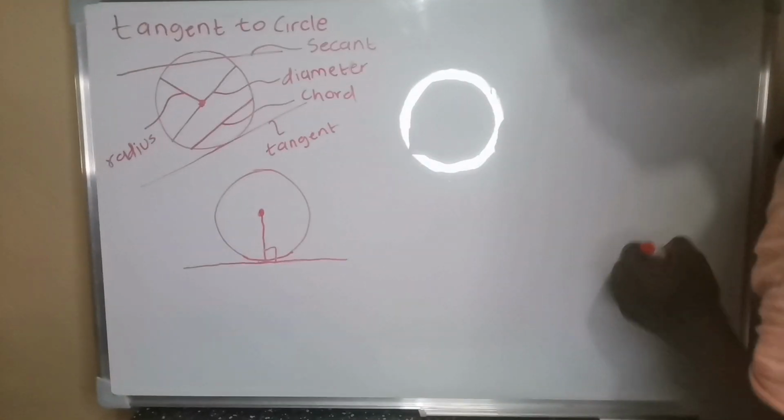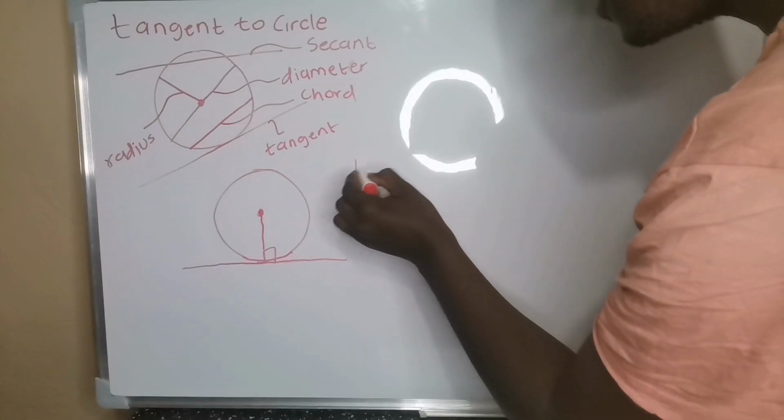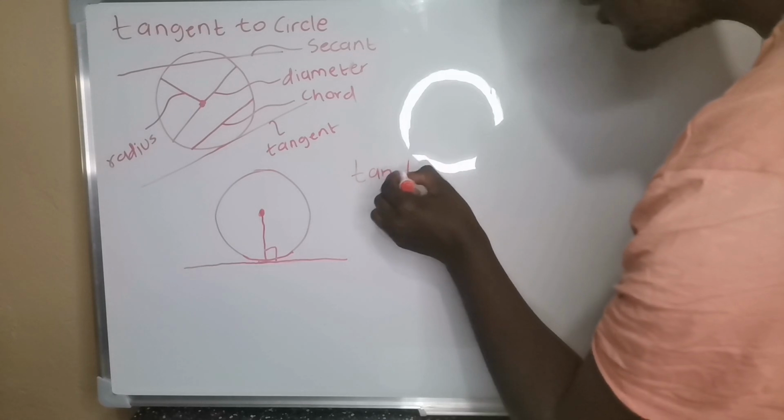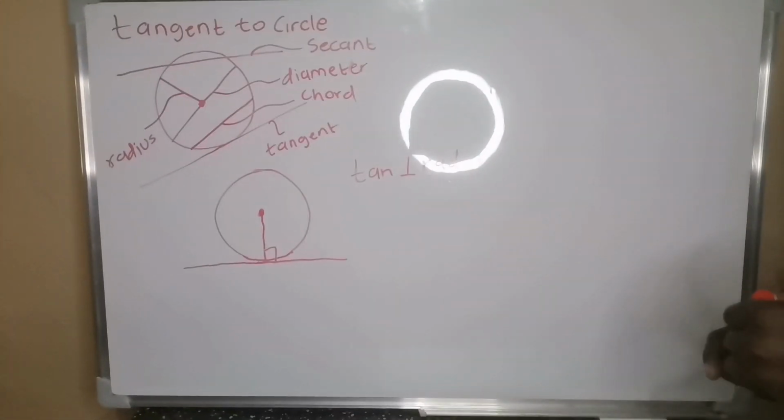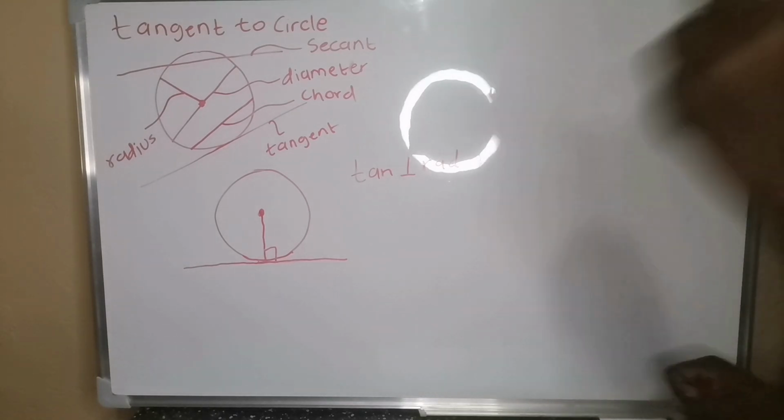Why? According to the theorem, the tangent is perpendicular to the radius. What does this mean?